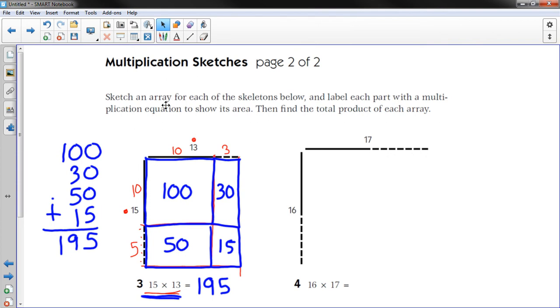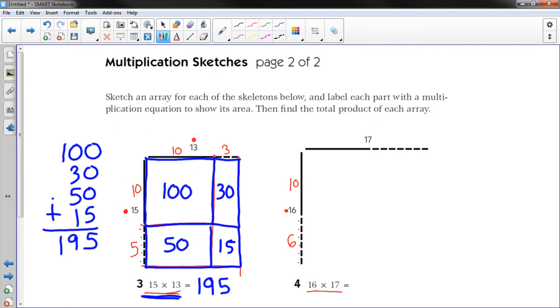I think I have time for one more. So now I'm going to do this problem, number 4. 16 times 17. And again, they set this up for us already, which is kind of nice. The 16's right here. This represents 10, and these 6 dashes represent 6.